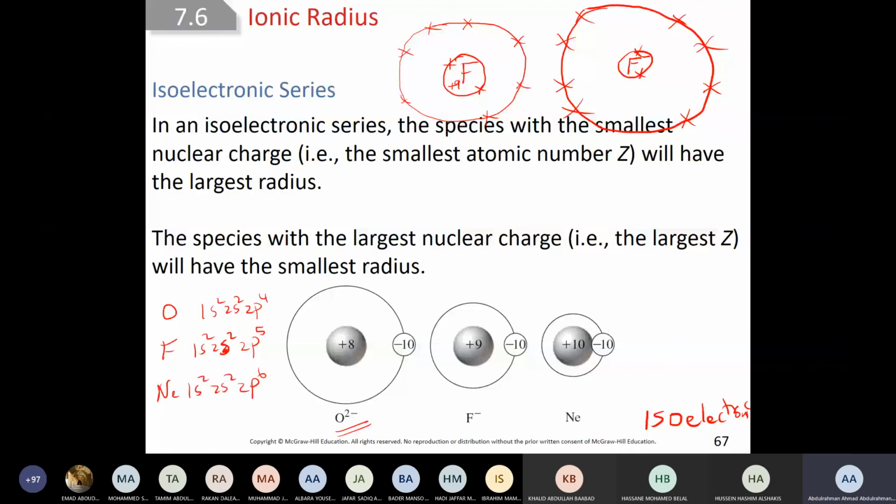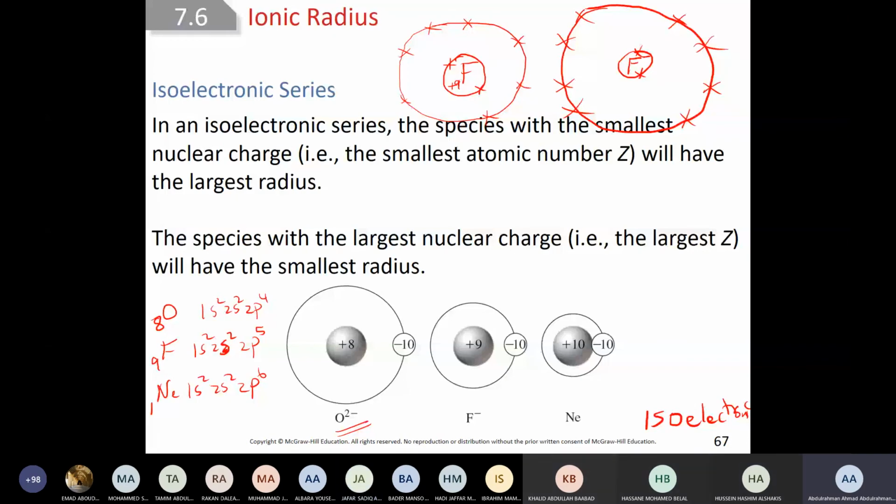Exactly. Okay. How many protons do we have in oxygen? 8. How many protons in fluorine? 9.